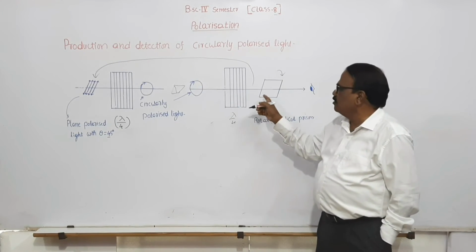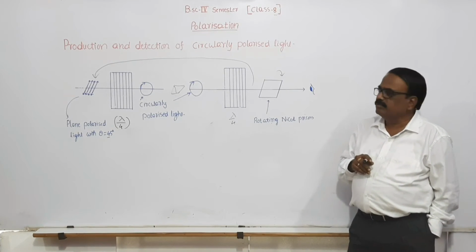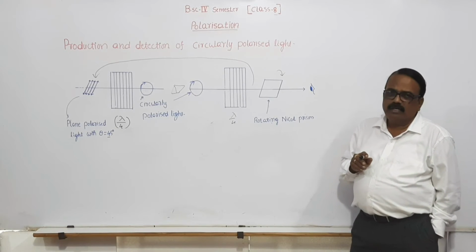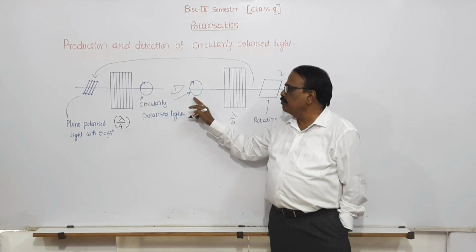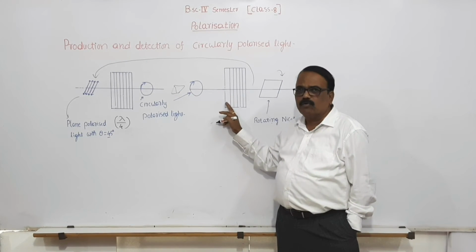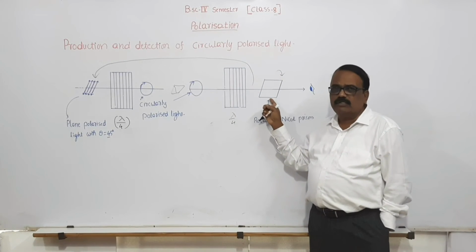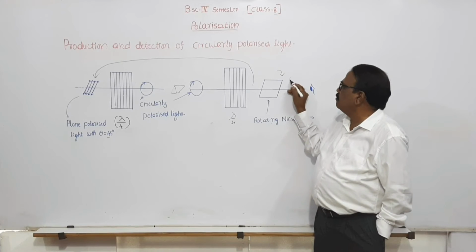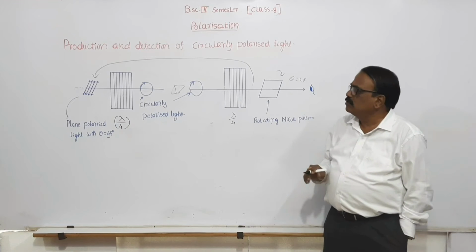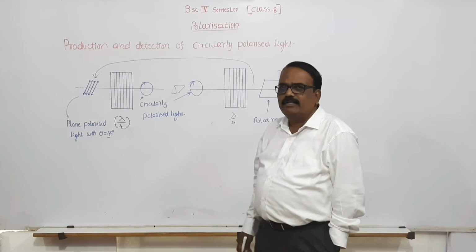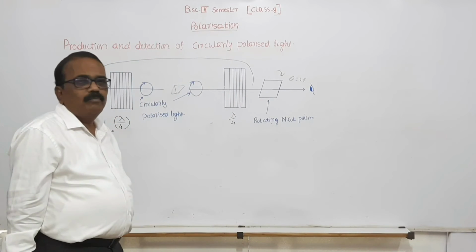Here it is circularly polarized light. If the circularly polarized light is allowed to fall on another quarter wave plate, it is converted once again to plane polarized light with the vibration making 45 degree with the optic axis. So this is production and detection of circularly polarized light.